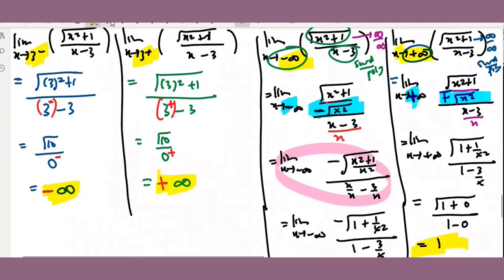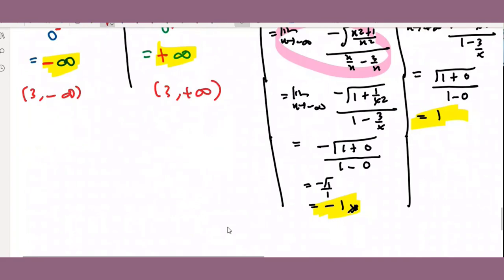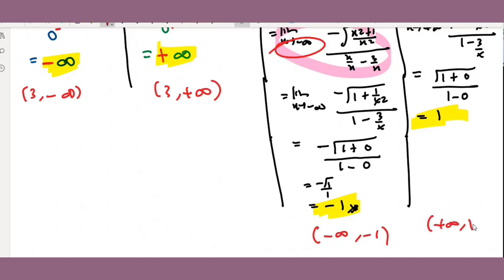And then check, oh, the x value is 3. Y is negative infinity. This one is 3 and positive infinity. The coordinates. This is actually a clue to figure out whether that one is an asymptote or not. Negative infinity x, then y, and then positive infinity 1.